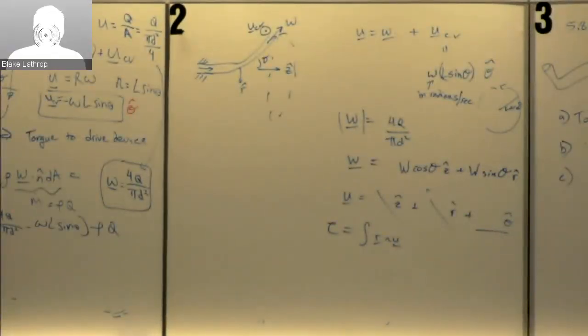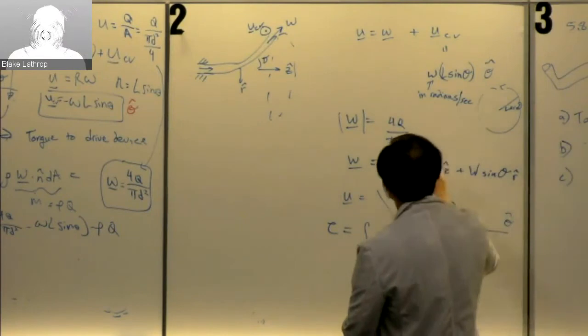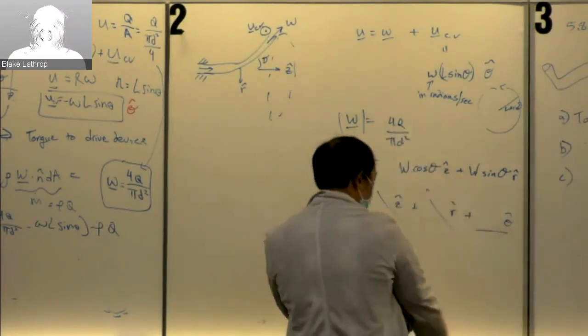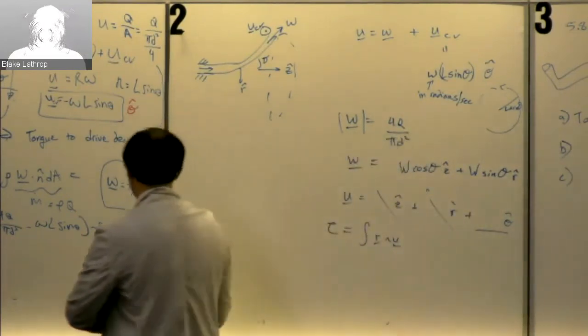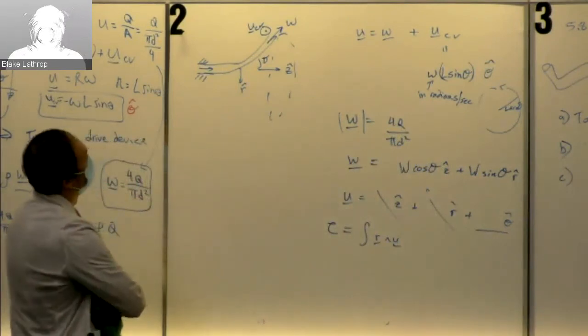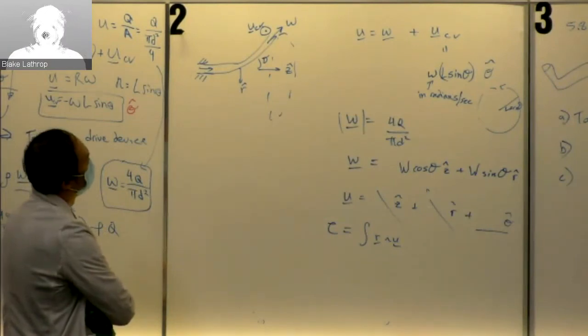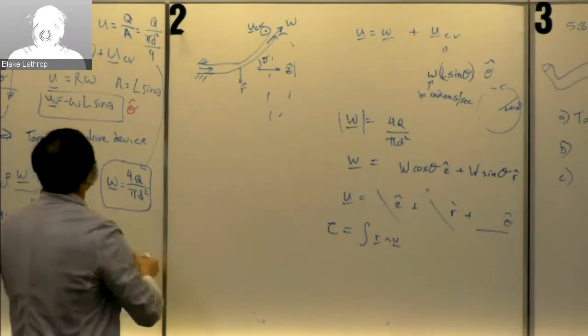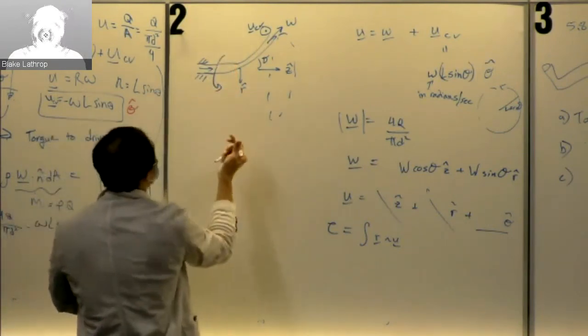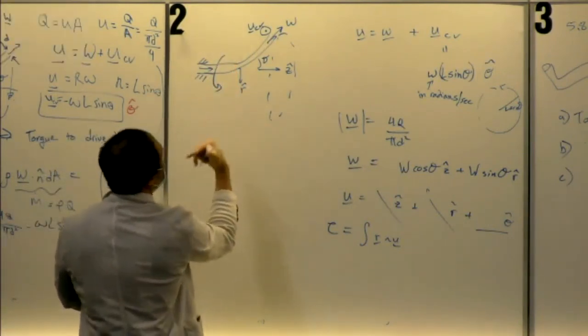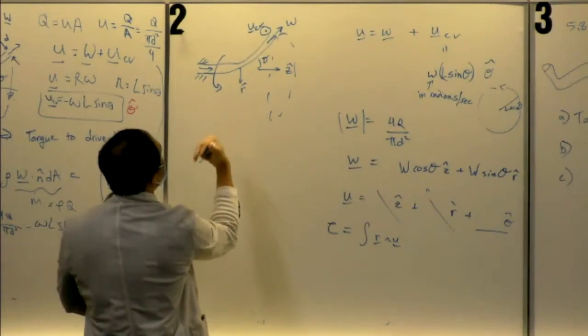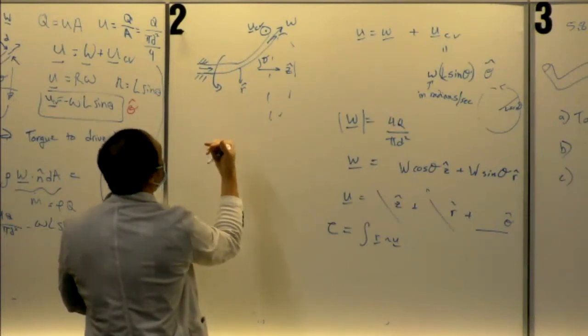Why is UCV negative theta hat? In this one? It was because won't W be going counterclockwise, which would be positive? It's going this way, which would be in the direction of positive Z hat, right?